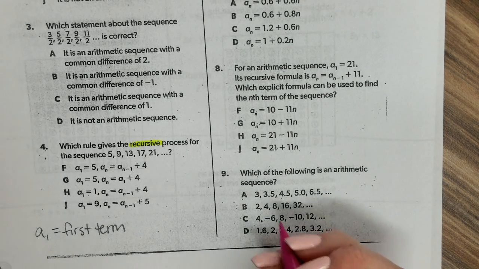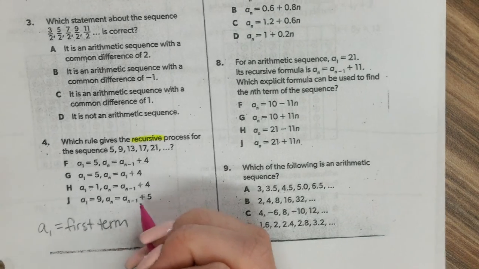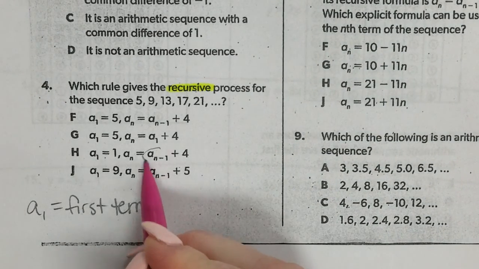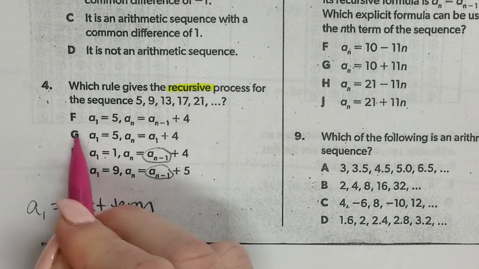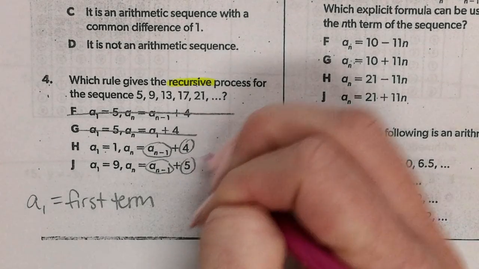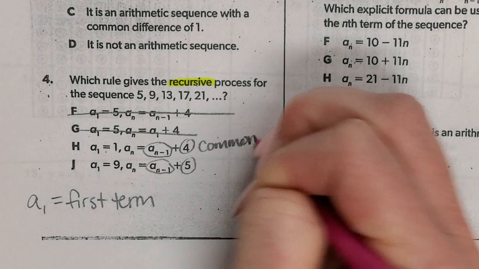If it asks for recursive, always pick the one that says a(n minus 1). If it says anything else, it's not your answer. And then this is your common difference.